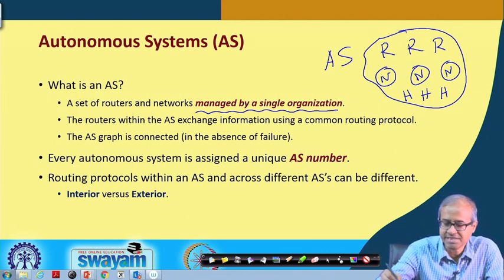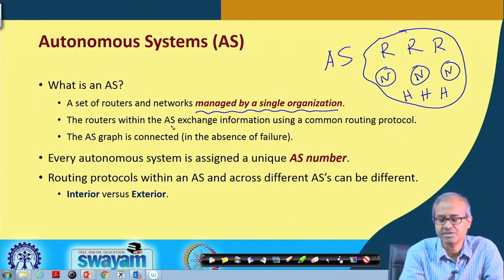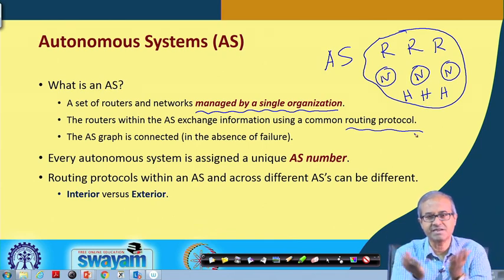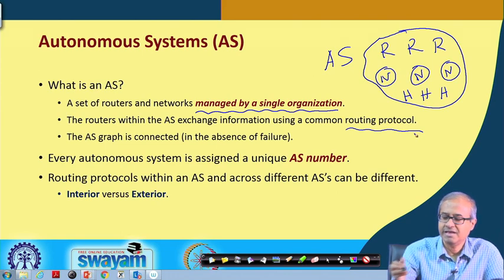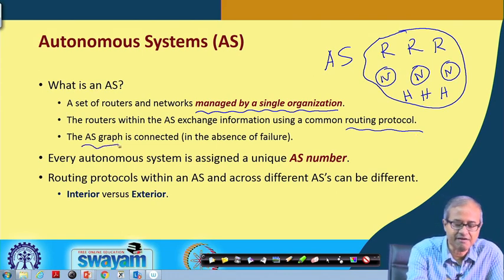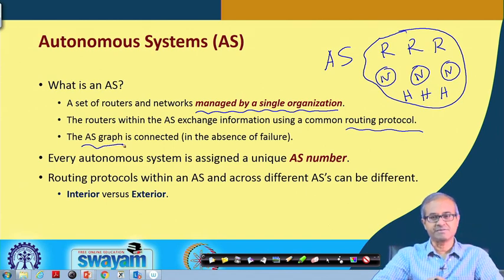Now, the routers within the autonomous system can exchange information using some common routing protocol, because they are inside the organization, so you are following the same rules, same protocols. And AS graph means, graph is what? Some nodes connected by some edges. In a network graph we have seen some examples.